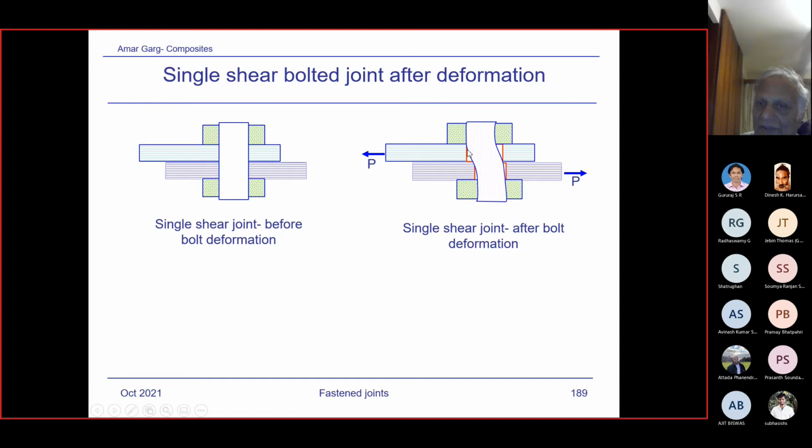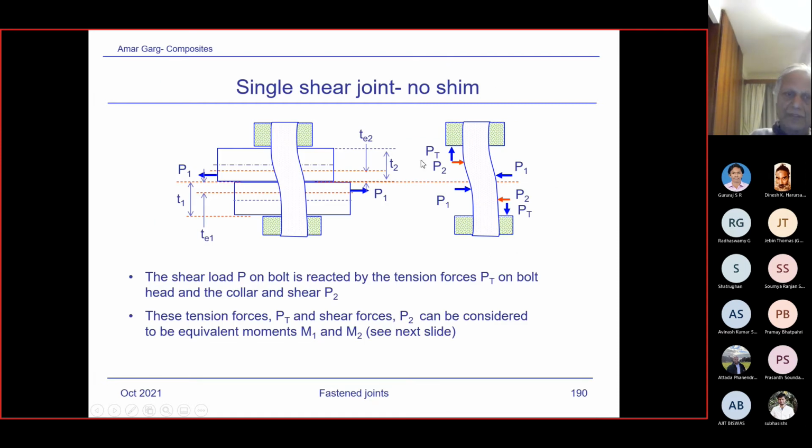High stress over here, high stress over here. Sorry, there will be low stress over here, low stress over here, depending upon the equilibrium situation. But high stress is right over here and here, near the inner surface. So I just try to show over here what happens now.